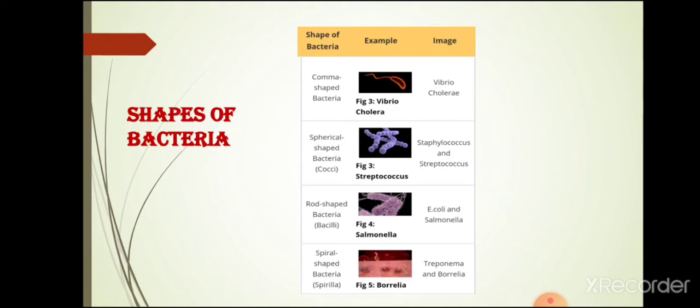Spherical shaped bacteria look like a sphere, or we call them coccus forms, and examples are staphylococcus or streptococcus. Rod shaped bacteria are also known as bacillus, and these are with or without flagella, and examples are E. coli and Salmonella. Spiral shaped bacteria are also called spirilla, and examples are Treponema or Bordetella.